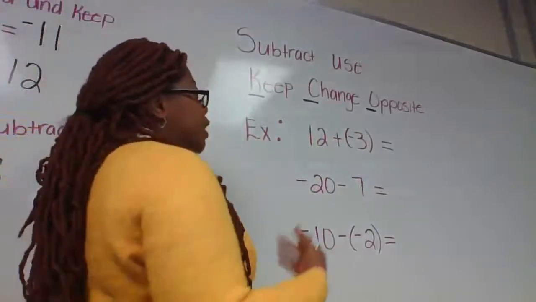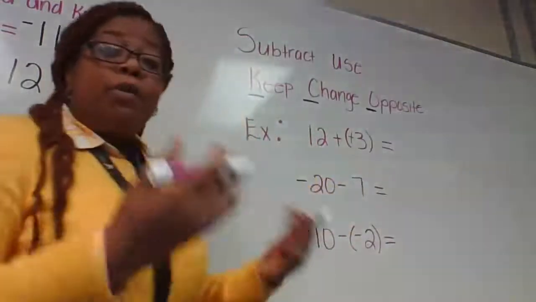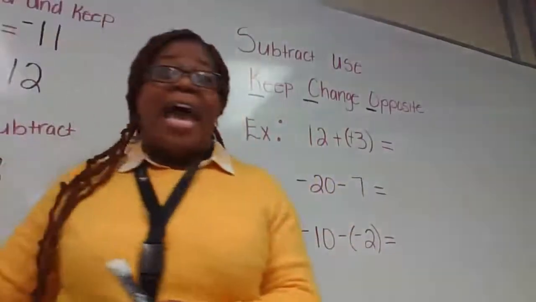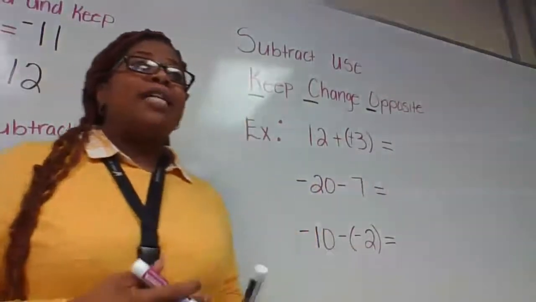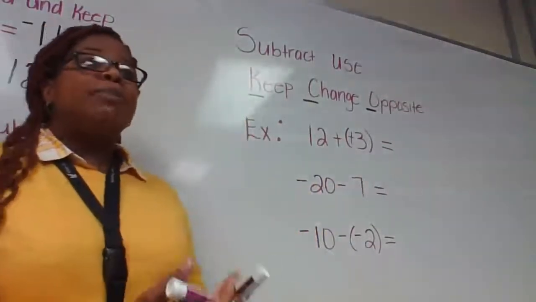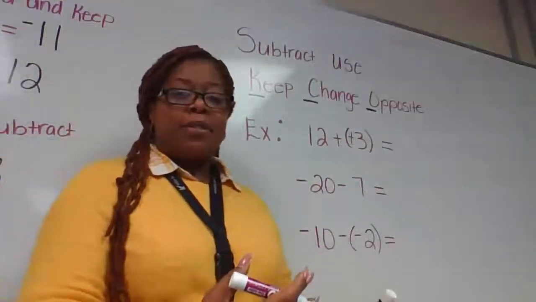So the opposite of -3 becomes +3. And then we revert back to the rules of adding integers. Ain't that something? And the reason we do that is because when we are subtracting, ultimately what we are saying is just that we are adding the opposite.